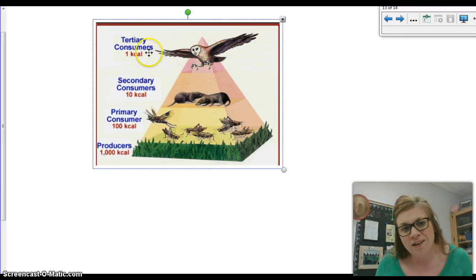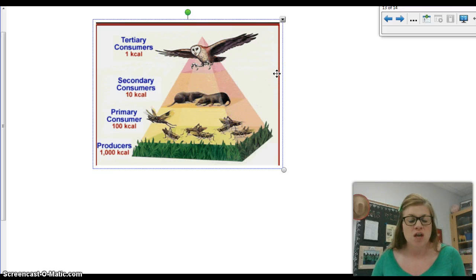Because they only get 1 calorie of energy from those shrews because they use 90% for their life processes. So the energy that's transferred, because remember, energy is not created nor destroyed, it's always transferred, only transfers 10% to each organism. So in order for the owl to get as much energy as the grass gives off, it would have to eat 1,000 little shrews. That's a lot, okay?